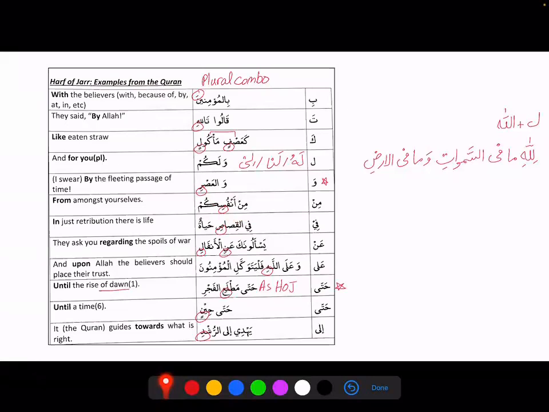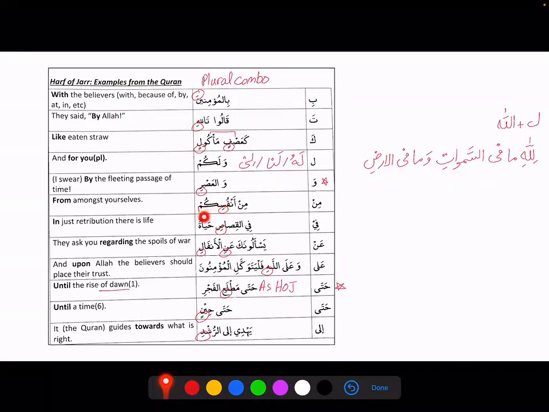Then we have min anfusikum. Min is a harf of jar and anfusikum is the ism majrur. Not the whole anfusikum, we need to stop, because anfusikum are two words: anfusi and kum. So min harfu jar, anfusi ism majrur, and then with ism, if you see an attached pronoun, this attached pronoun is jar in status.